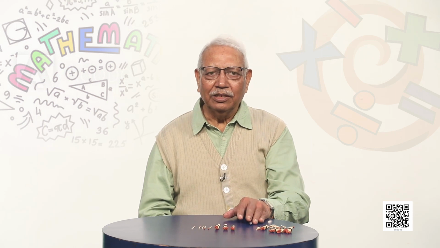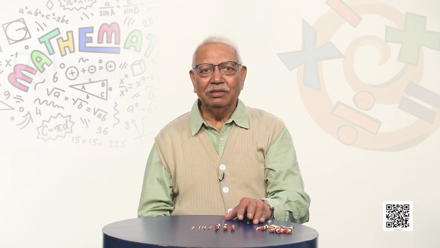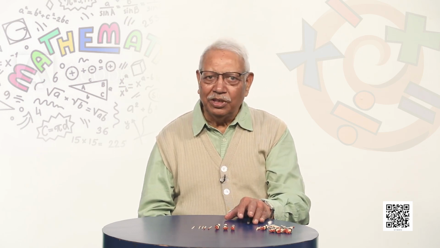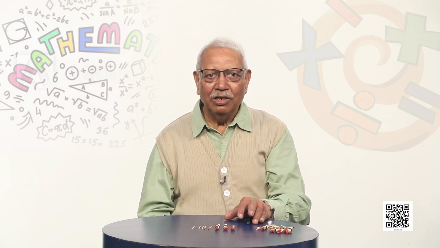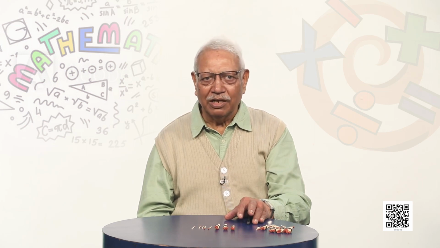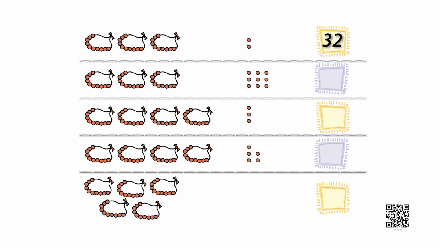Let us look at another group of things and try to answer how many. Here we have, can you answer by counting the question how many? Let us first count how many strings or malas are there which consist of 10 beads or 10 motis. So, 1, 2, 3. And how many loose beads or motis are there? 1, 2, 3, 4, 5, 6, 7, 8, 9.